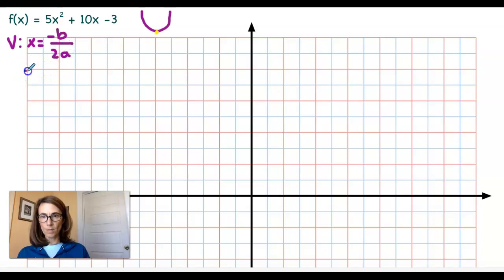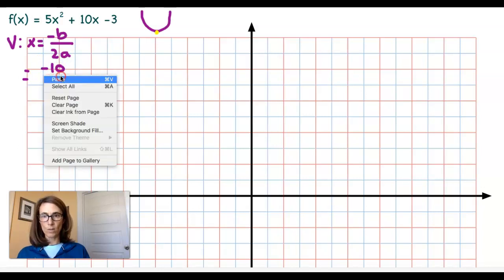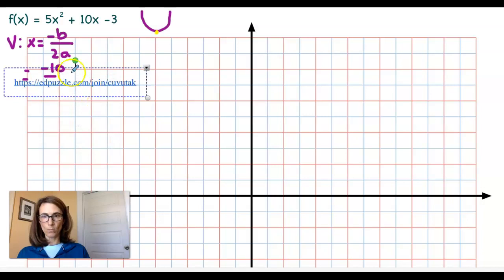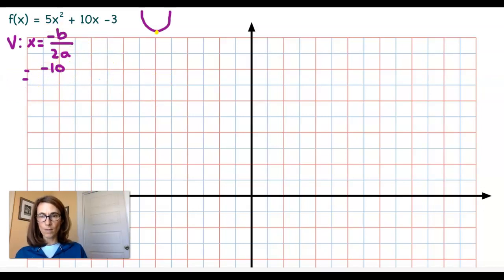In this case, negative b would be negative 10, over 2a, and a is 5. So that's just negative 10 divided by 10, which is negative 1.